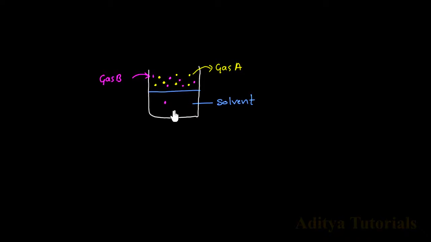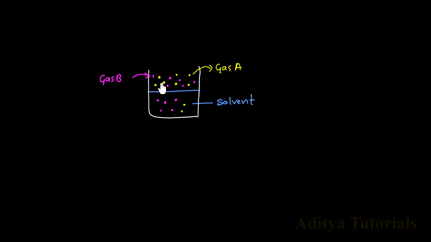Now gas B is more soluble here. We'll take gas B, that is the pink color, here 2, 3, 4, 5 gas molecules, and out of that, yellow has only 2 gas molecules. My question is, why is gas B more soluble here?